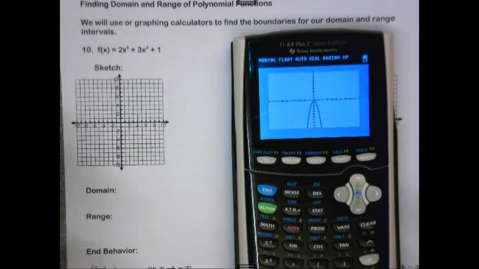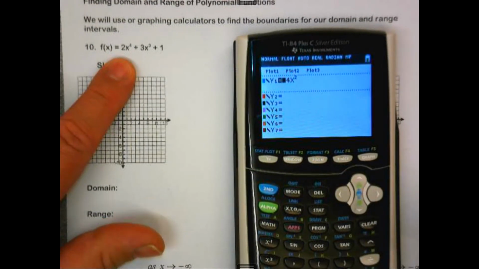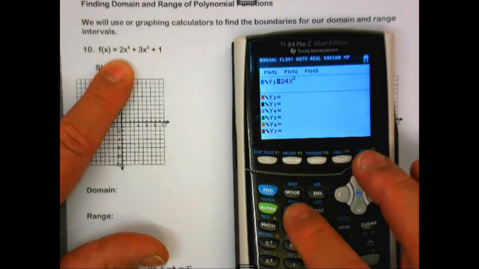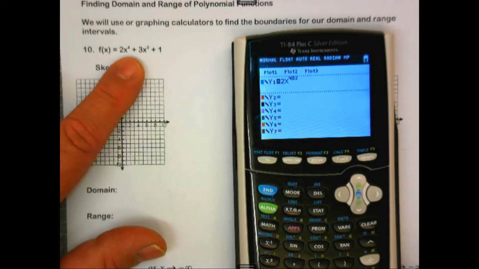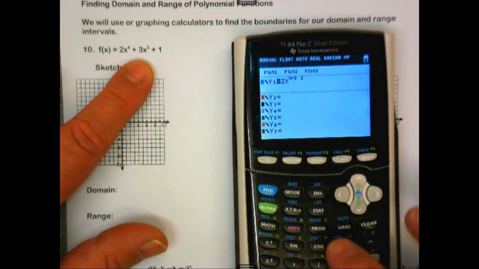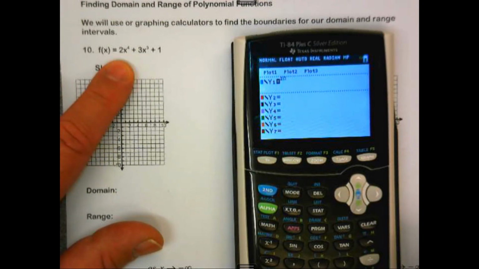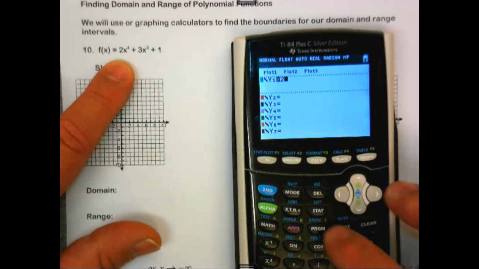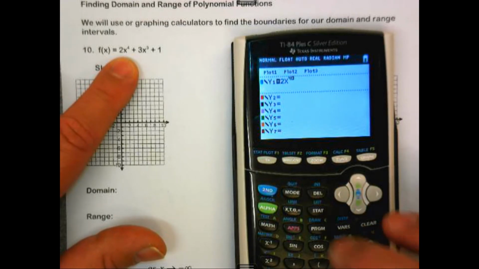So the first thing I need to do is put in my polynomial function, 2x raised to the fourth plus 3x. Oh, did it again. 2x to the fourth.